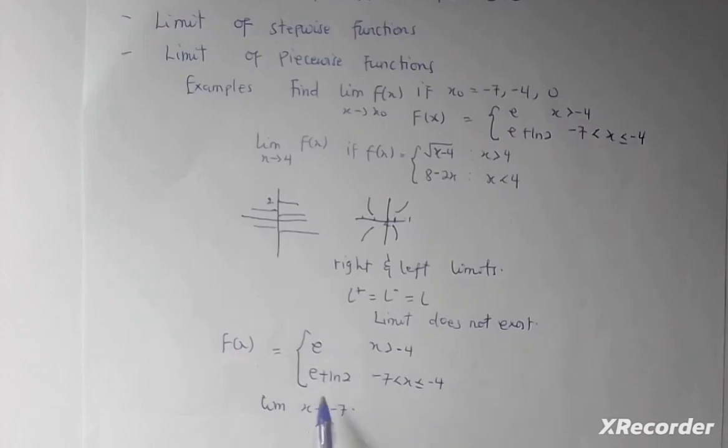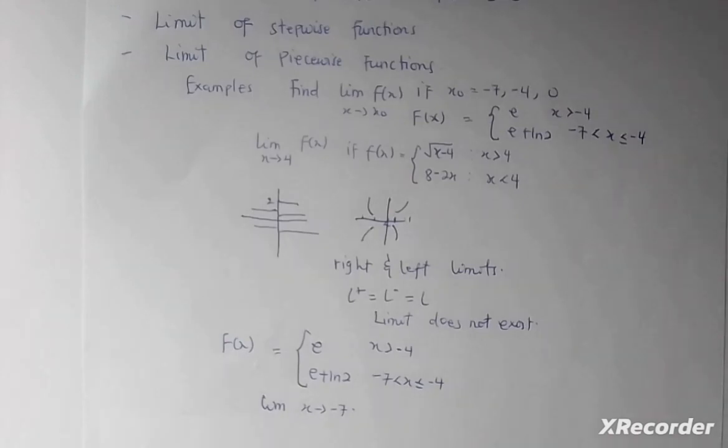Now, in this interval, you realize that whenever you have a number falling in this interval, x greater than negative 7 but less than or equal to negative 4, then it will give us a constant solution of e plus ln 2. But if the number falls here, it will give us this. So let's see how we do this.